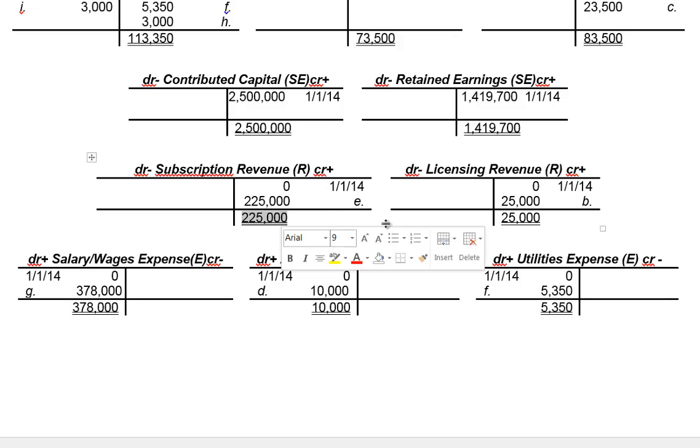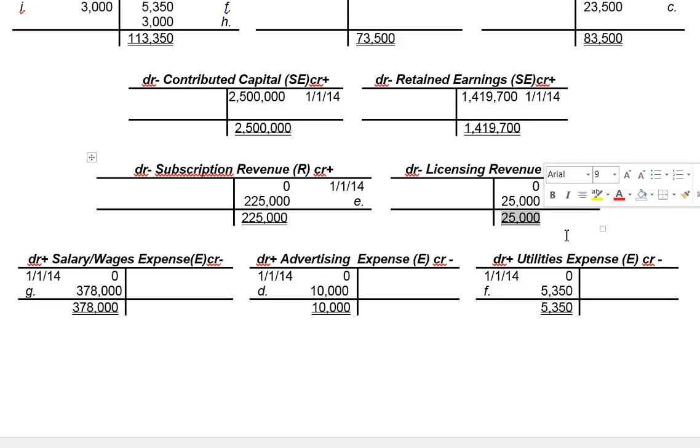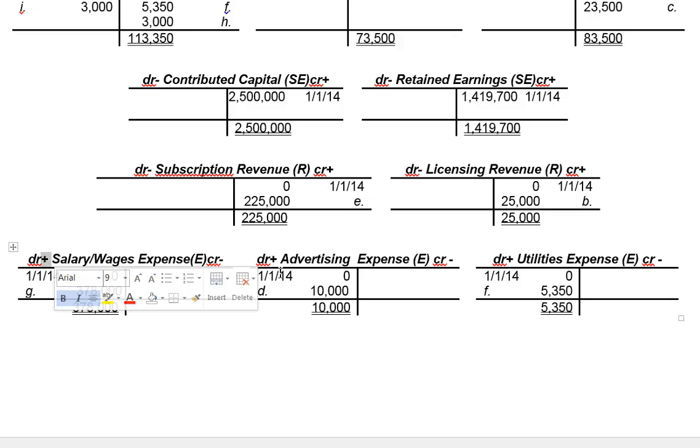And again, a credit balance in a revenue account is what we would expect. Its normal balance for any revenue account is a credit because credit is the side that a revenue account gets bigger on, as opposed to expenses whose normal balances are debit because the debit side is the side that an expense account gets bigger on.